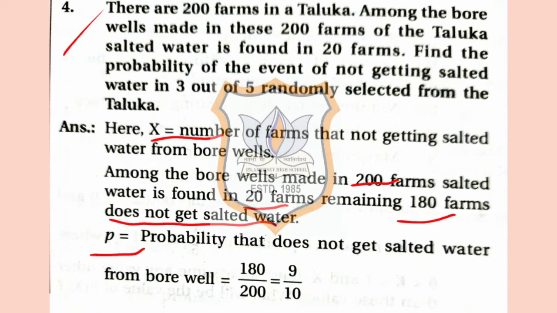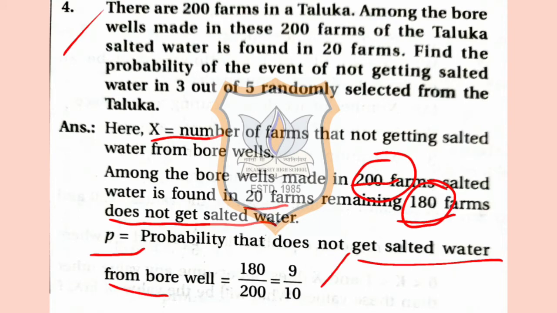Now let us define P. P is probability that we do not get salted water. So do not get salted water means total are 200 farms, 180 farms are without salt water. So 180 upon 200 will give us 9 by 10.